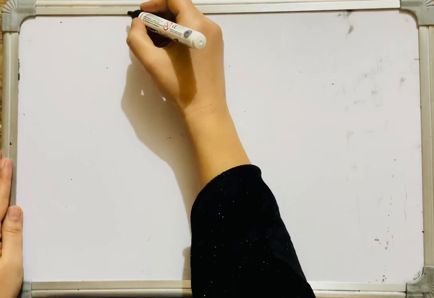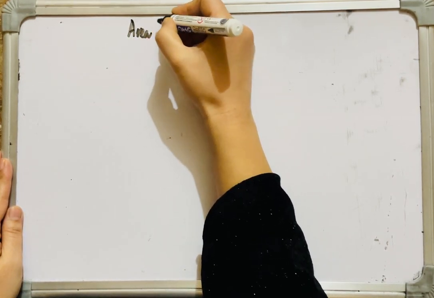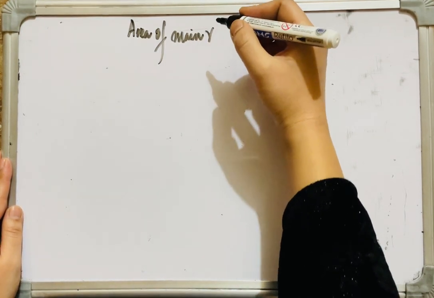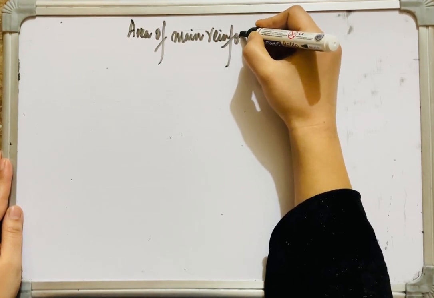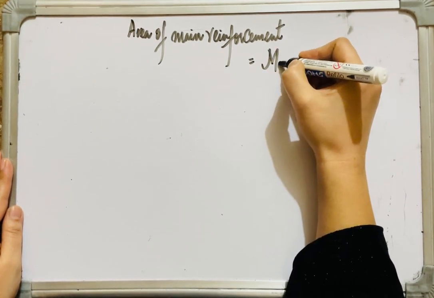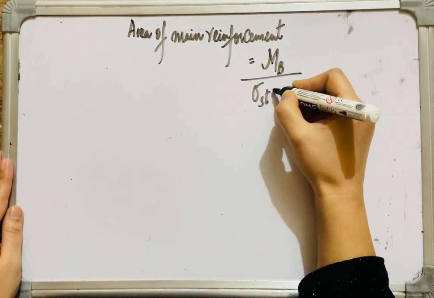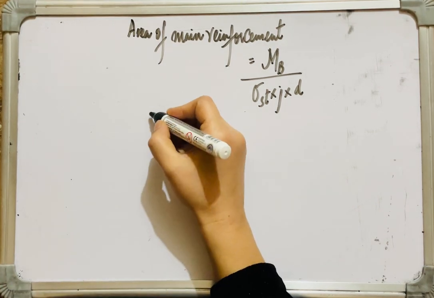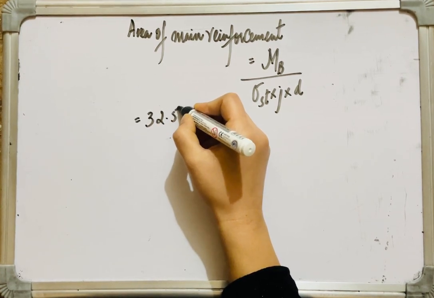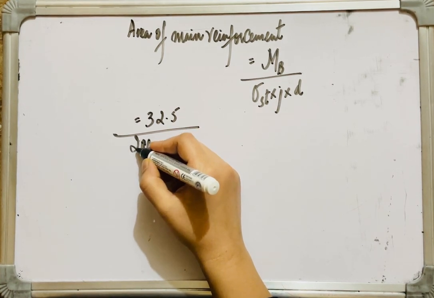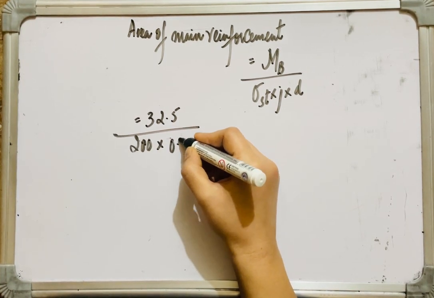So area of main reinforcement is equal to MB along the shorter span divided by sigma ST multiplied by J and multiplied by D. Now step by step, how much is my MB? It is 32.5. How much is sigma ST? As per the grades, already calculated from the table, 200. J lever arm factor 0.94 multiplied by D.